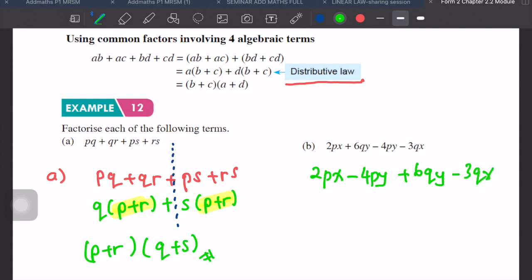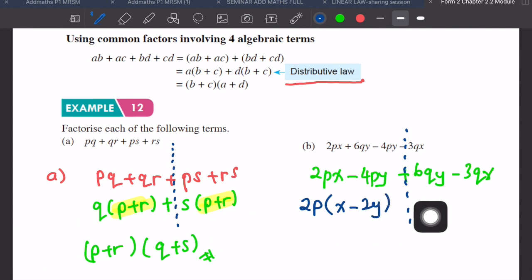Okay, sama. Pecah 2. Tengok depan ni. Apa yang sama? Ada P dan 2 dan 4. Common factor dia 2P. So, x minus 2y.